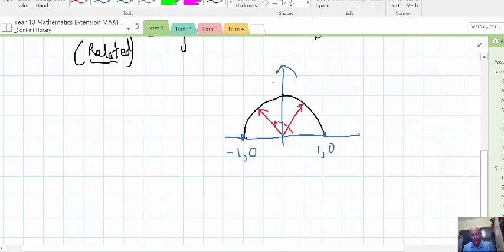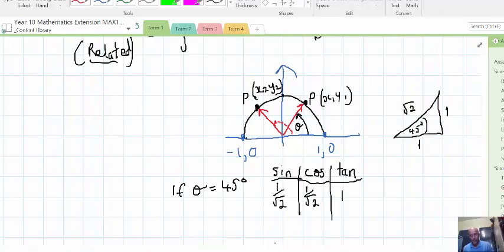If we have in the first quadrant here, going back a step, if we had an angle there, and let's say that equals 45 degrees. And we know from our exact values that we've got these values from what we saw previously, and remember they come from a type of triangle we used.